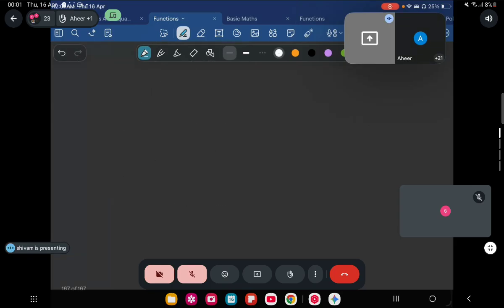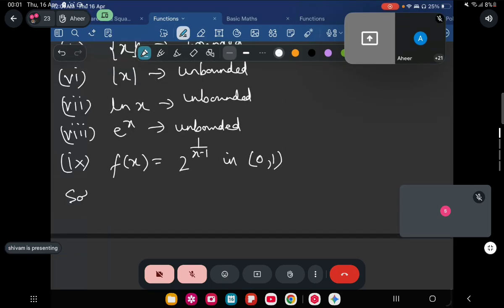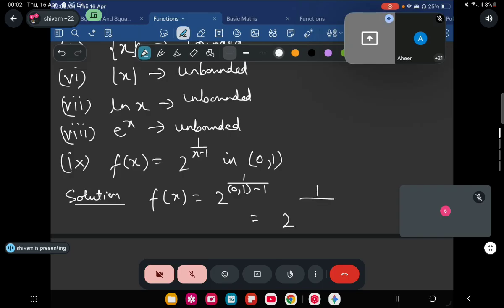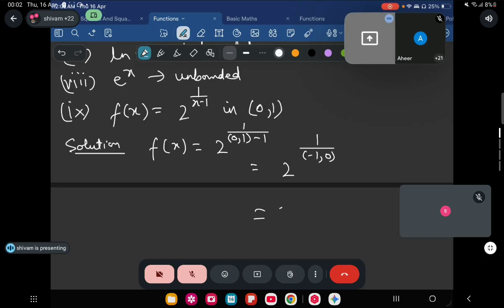Everyone pay attention. x belongs to open 0, 1. So, can I say f of x is equal to 2 to the power 1 upon open 0, 1 minus 1, which is equal to 2 to the power 1 by open minus 1, 0. 1 upon minus 1 is minus 1, but 1 upon 0 minus will be minus infinity.